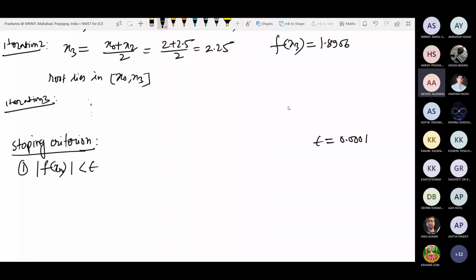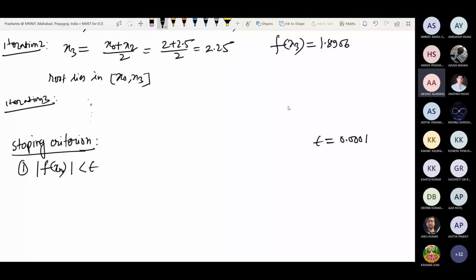Epsilon is a predetermined, very small number. That can be one of the stopping criteria. Does this make sense?